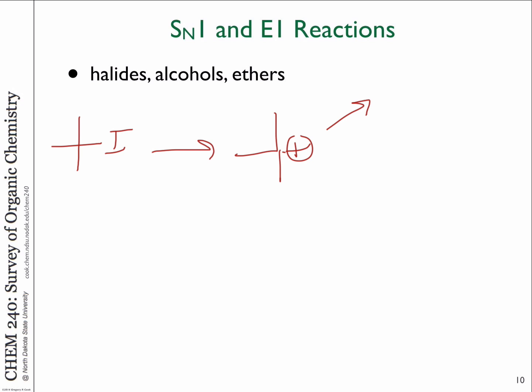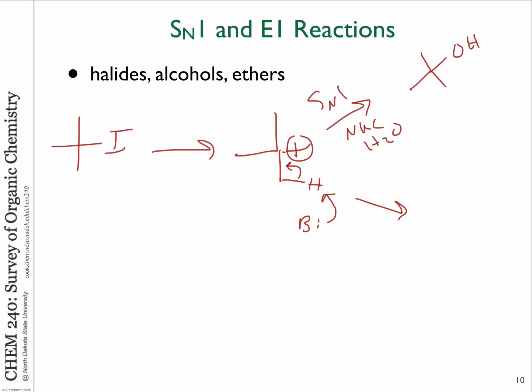You could do an SN1, so some nucleophile, water, for example, or alcohol or some other nucleophile can add, just like I showed how to make a tertiary alcohol. So if that's water, SN1. If instead a hydrogen adjacent comes off with some base, could be a weak base like water, that's E1.